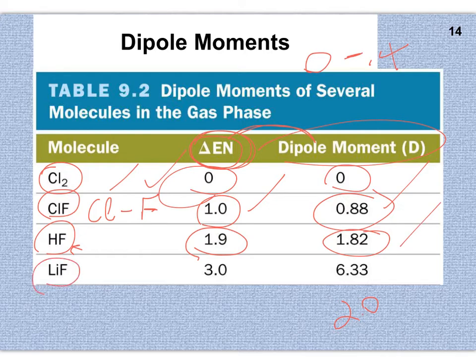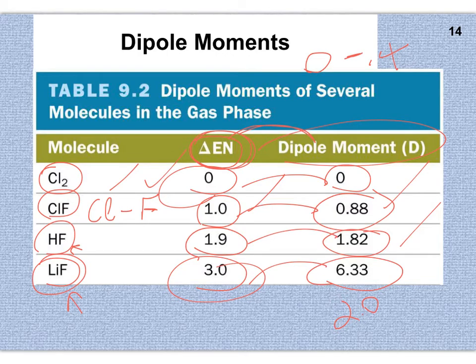And finally, what we know to be an ionic compound, lithium fluoride, it's a metal and a nonmetal. Difference in electronegativity of 3, clearly in the ionic range, and has a very high dipole moment. So there is a direct correlation between the difference in electronegativity and the dipole moment. The higher both of these are, the more polar the bond.